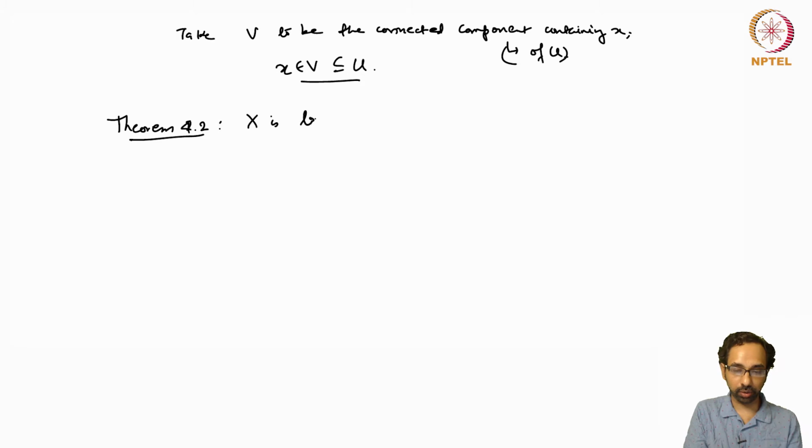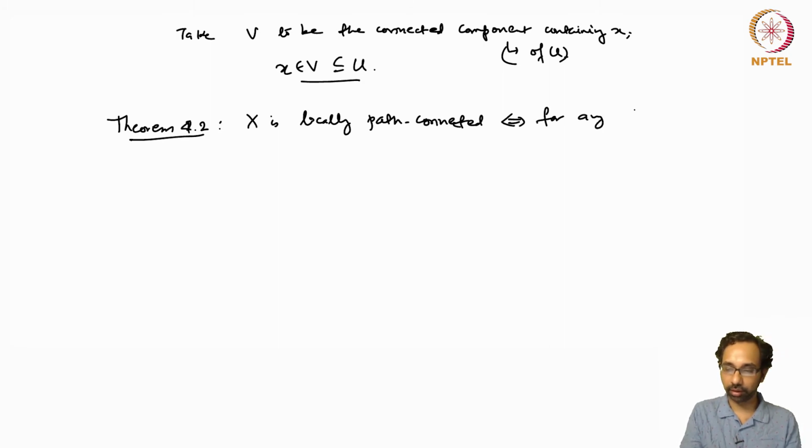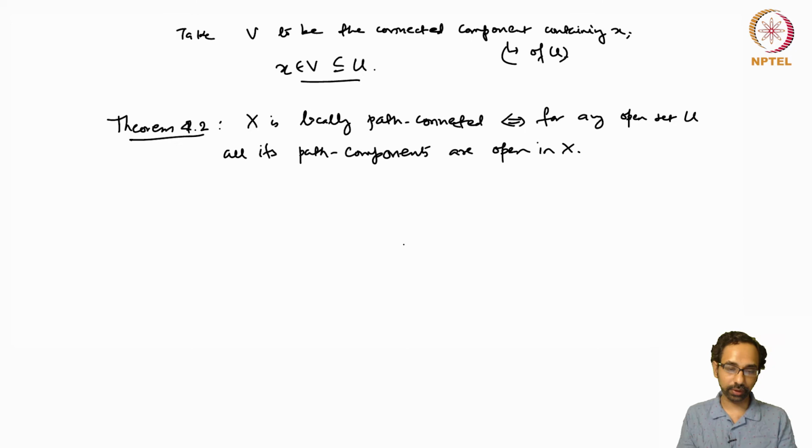So X is locally path connected if and only if for any open set U, all its path components are open in X. And the proof is very similar to the one I just gave for connected components, and the proof here I am leaving as an exercise for you to do. And just by following the previous arguments you can prove this.